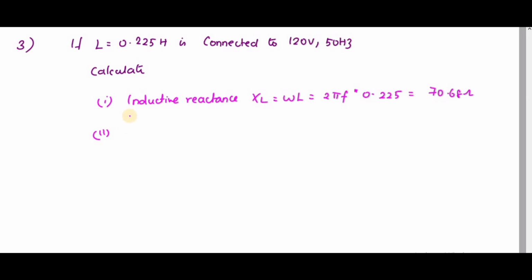The second question: since only an inductor is connected, the phase angle phi is 90, and cos 90 is 0. Therefore the power factor is 0, and the average power is equal to 0.